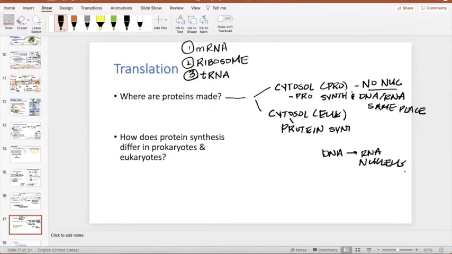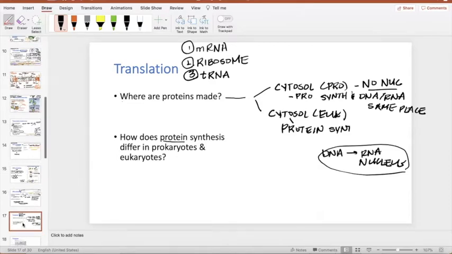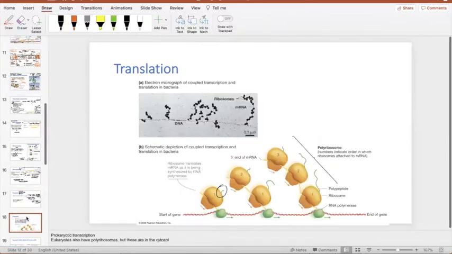So we're going to have a little bit of a difference in how translation occurs just based on the fact that the geography of these two types of cells is a little bit different. So let's look at how protein synthesis differs in prokaryotes and eukaryotes. And as usual, we will start by looking at eukaryotes.